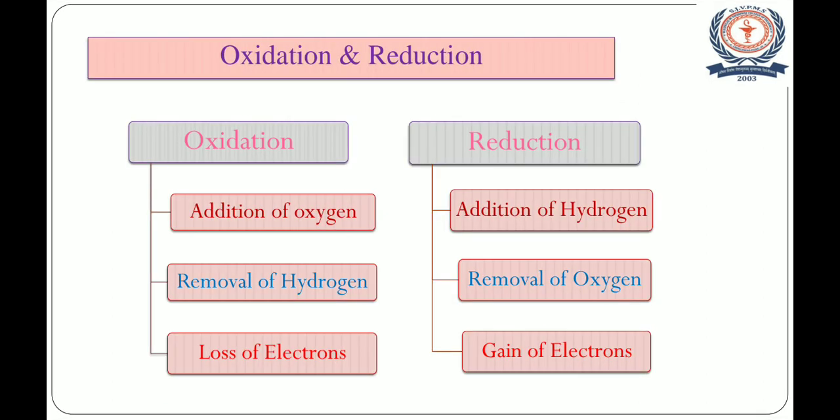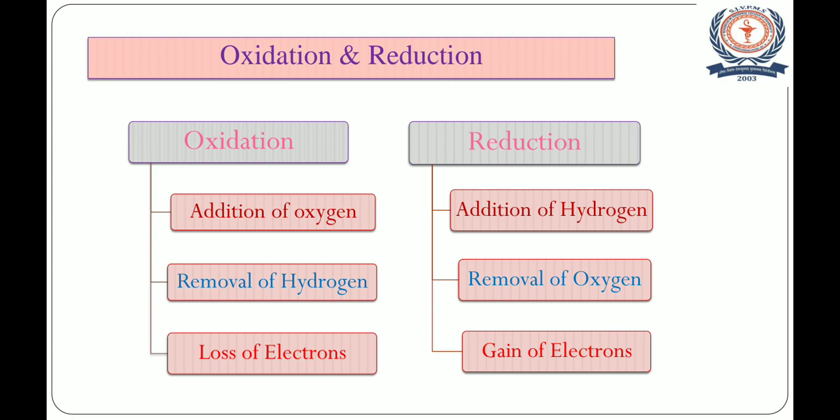So oxidation is nothing but addition of oxygen, or we can say removal of hydrogen, or in other words loss of electrons. While reduction is addition of hydrogen, or removal of oxygen, or in other words gain of electrons.